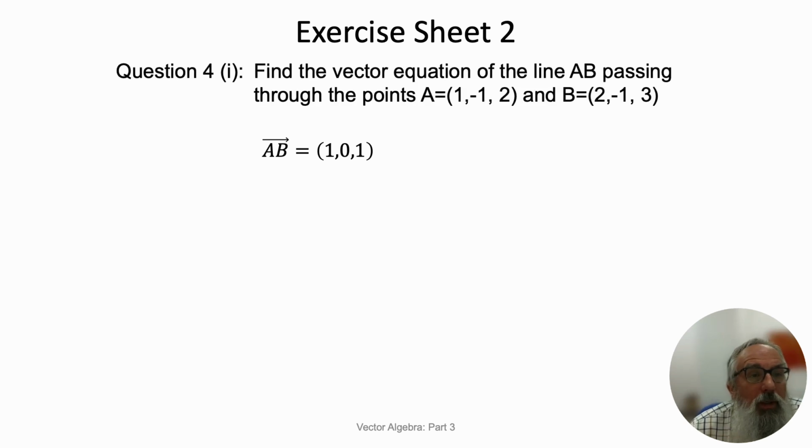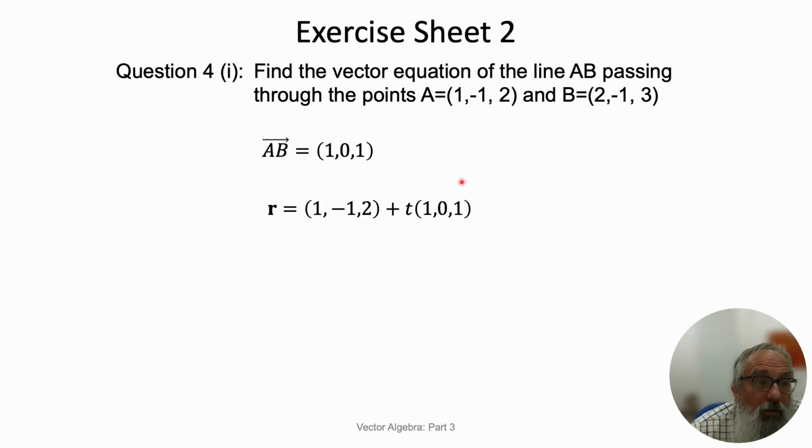Second example here is find the vector equation of the line AB passing through the points A and B. Well, pretty much the same as the last example. AB is 2 minus 1, minus 1 minus 1, which is 0, 3 minus 2, which is 1.